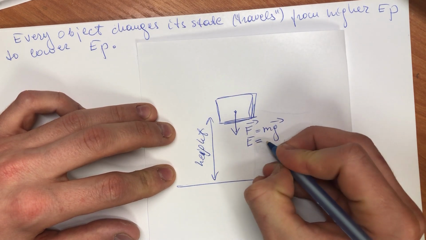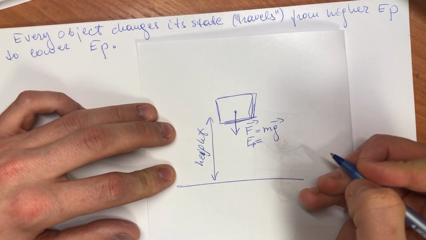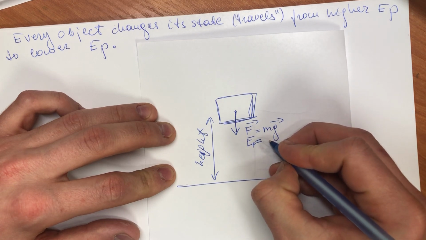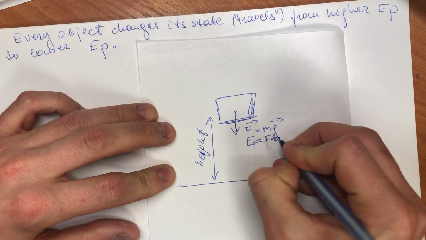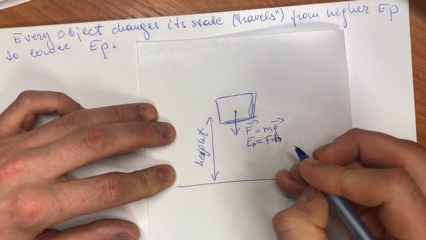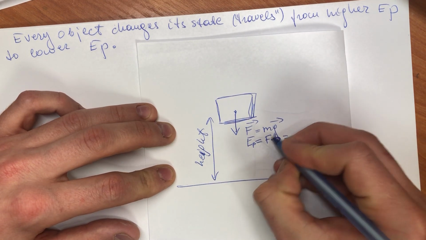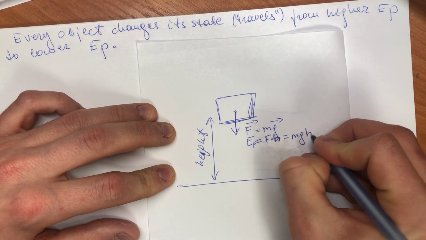The potential energy EP was force times height h, and because force is mg, it was mgh.